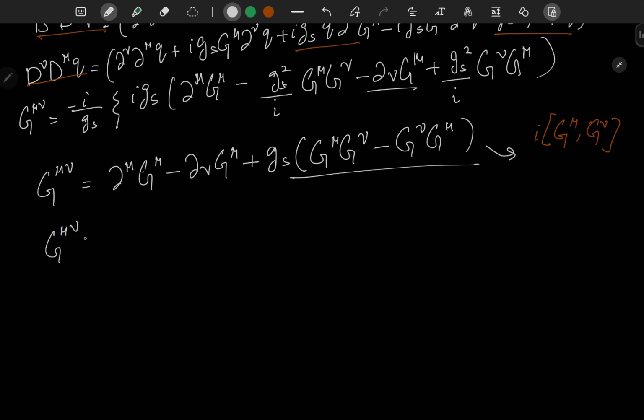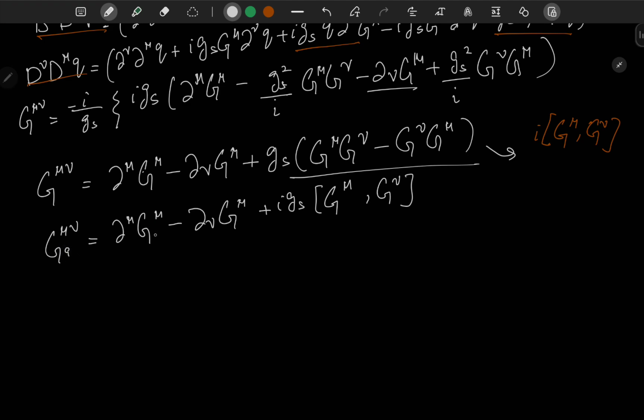So eventually we get D_mu g_nu plus i g_s, where the i comes from the commutator relationship of g_mu and g_nu.